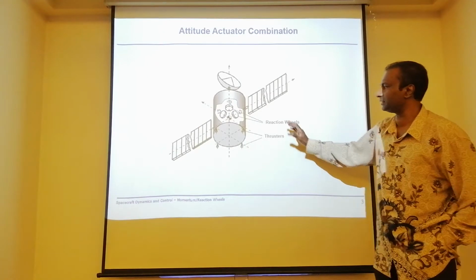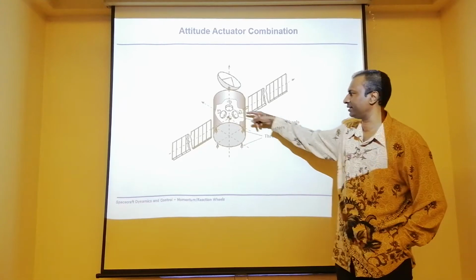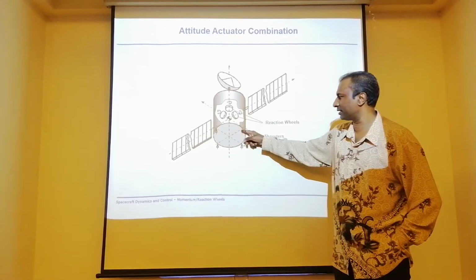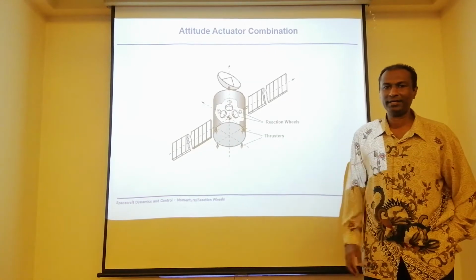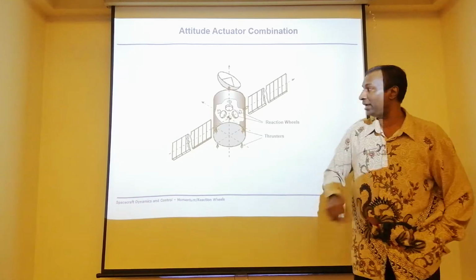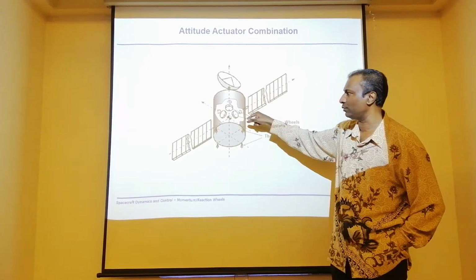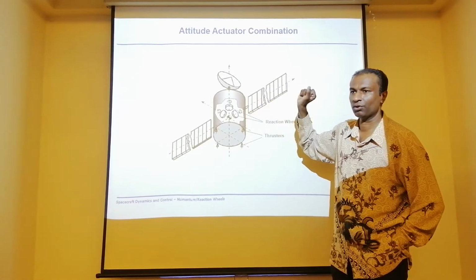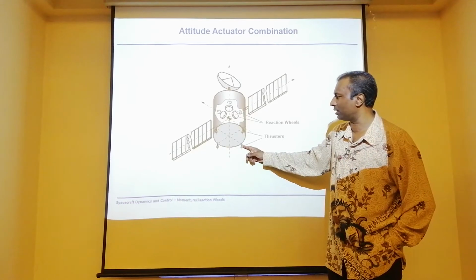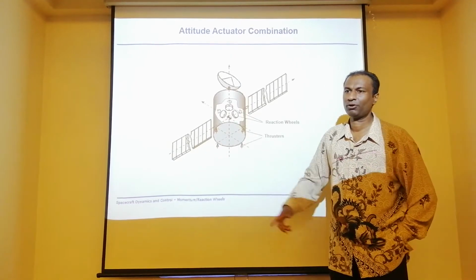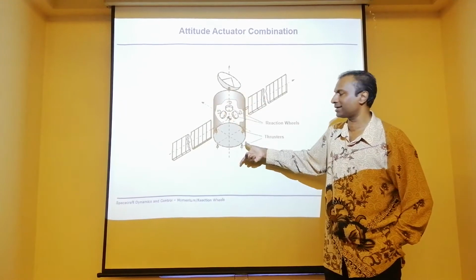Okay, this is to give you a good example. Now let's say I have 3 reaction wheels. I have thrusters. By looking at this combination, I know this satellite should be able to do attitude control, because I have 3 wheels in roll, yaw and pitch, and I know for a fact it should be able to do orbit control because it has thrusters, rotational motion, translational motion.